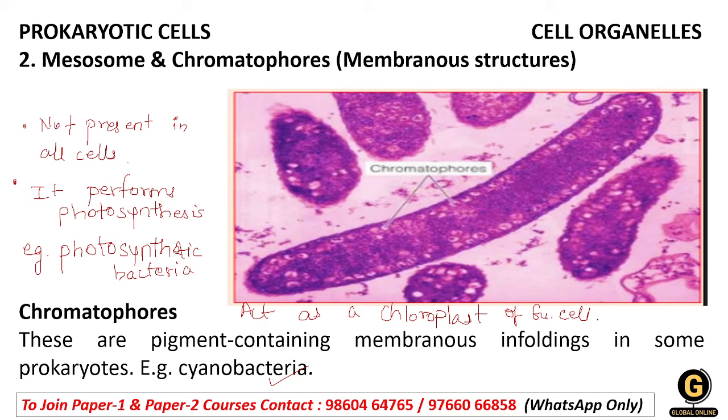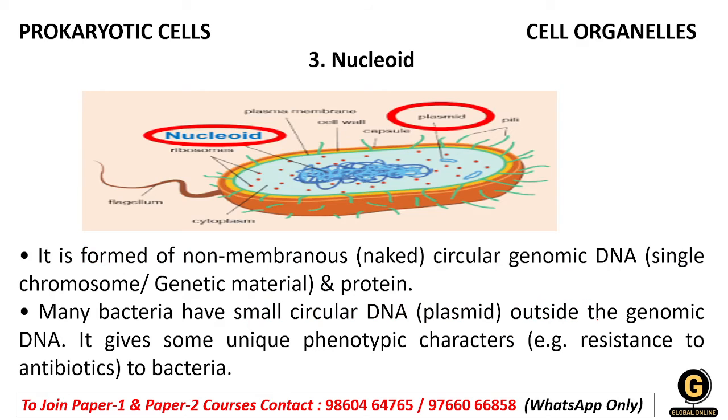Yes, now we will see the nucleoid. Nucleoid काय student? It is the genetic material of the cell. Yes, nucleoid कसा आहे? It is naked. What is the characteristic of the nucleoid? It is naked. No histone proteins is present.